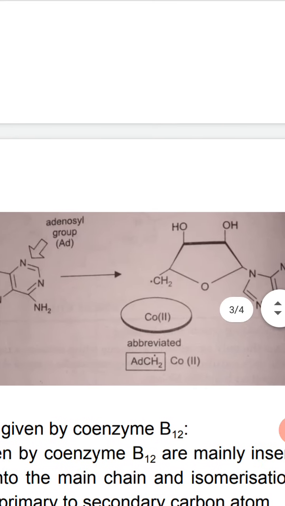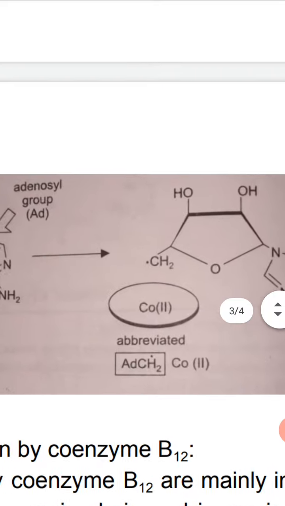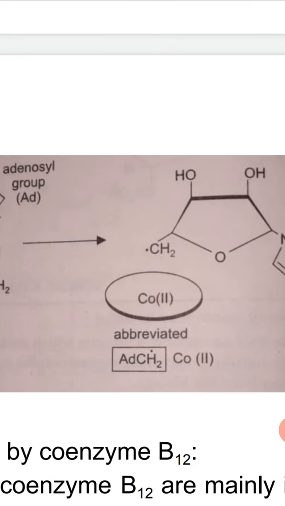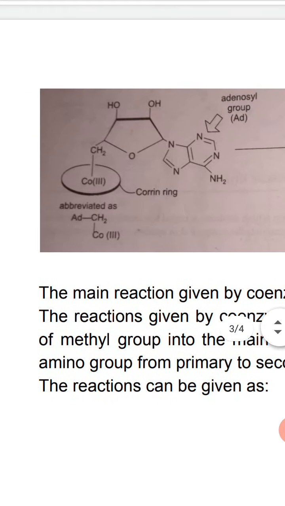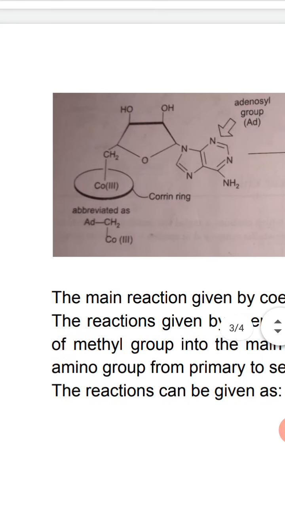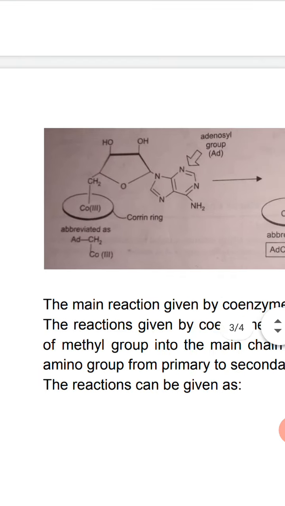Now after homolytic cleavage, a free radical is formed and cobalt 2 is formed here. Through this system, the reaction takes place by homolytic cleavage, or by free radical mechanism.